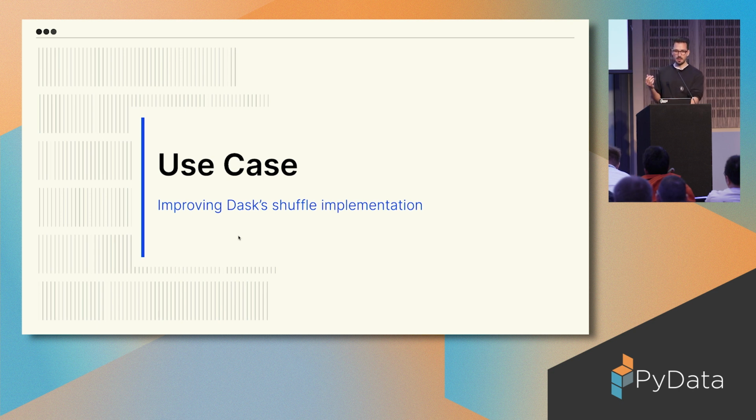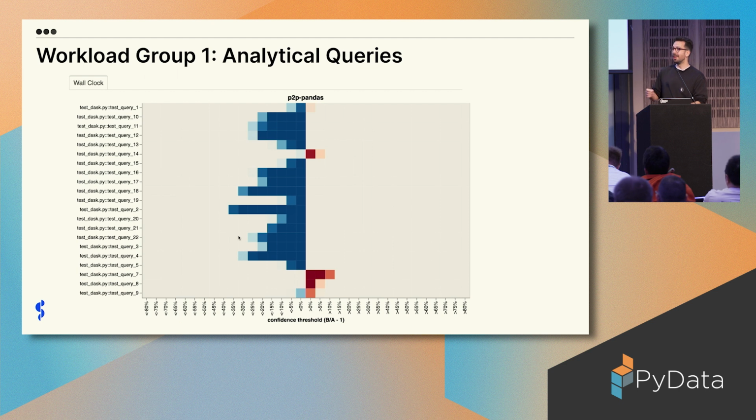So in this case, we were trying to improve the shuffle implementation in Dask recently. And if we look at this first plot, blue means it's much better. So we see for analytical queries, this was a great implementation. We should use this now.